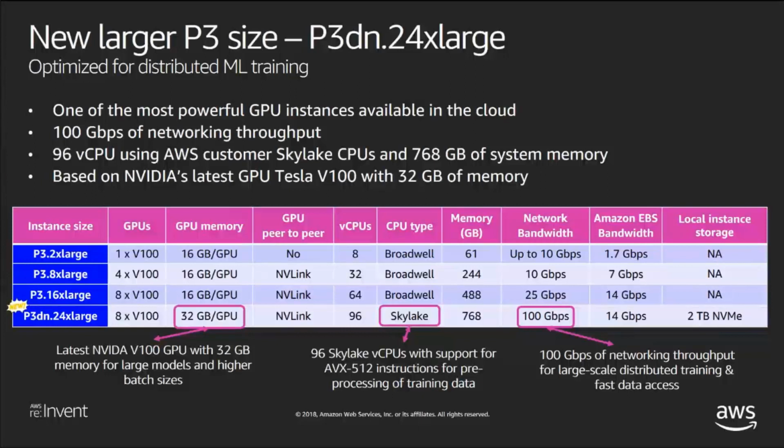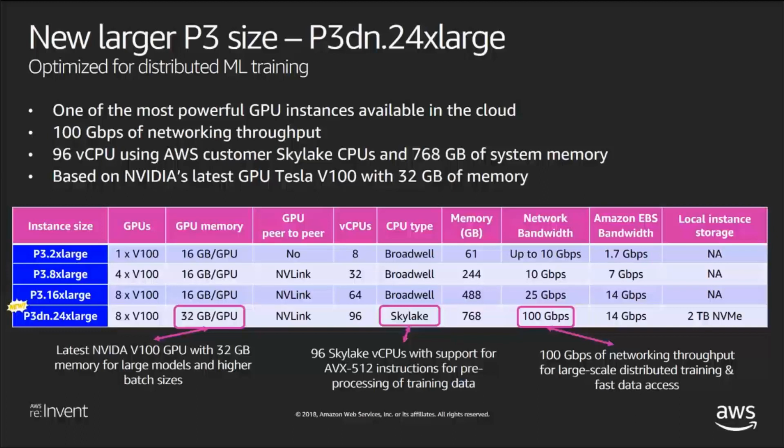You also notice that the number of CPU cores has increased to 96 with the new CPU type, Skylake. We actually had customers asking me about not having enough memory on these instances in the previous version. So the new version has 768 gigabytes of RAM.